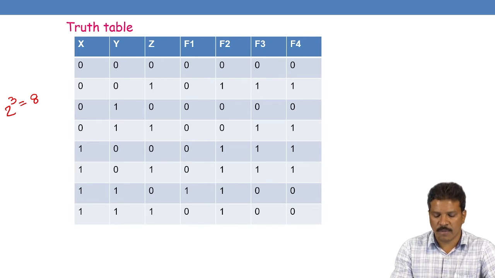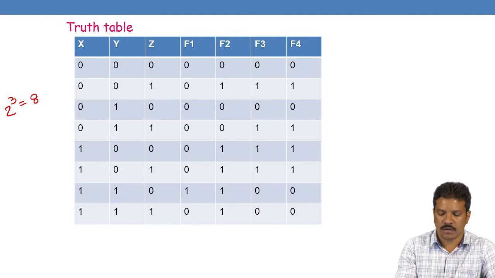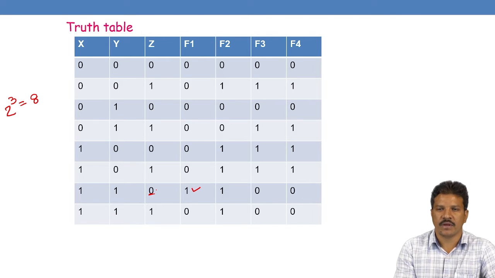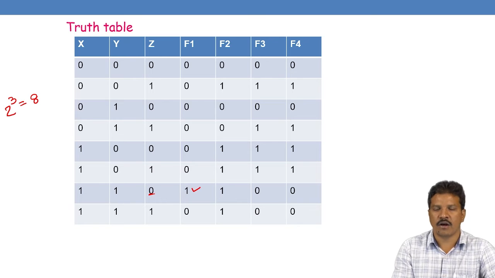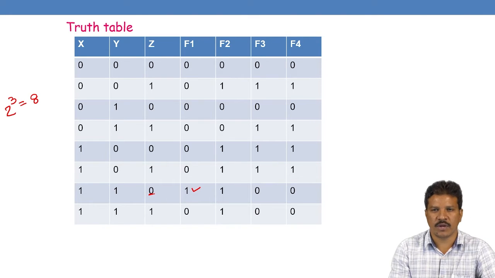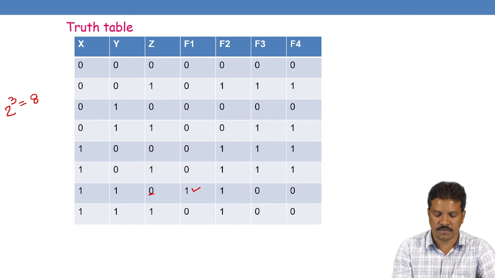In this truth table, f1 output is equal to 1 when x is equal to 1, y is equal to 1 and z is equal to 0. For all other combinations of inputs, f1 is equal to 0. Similarly, f2 has 5 ones, that is, 5 combinations of inputs.